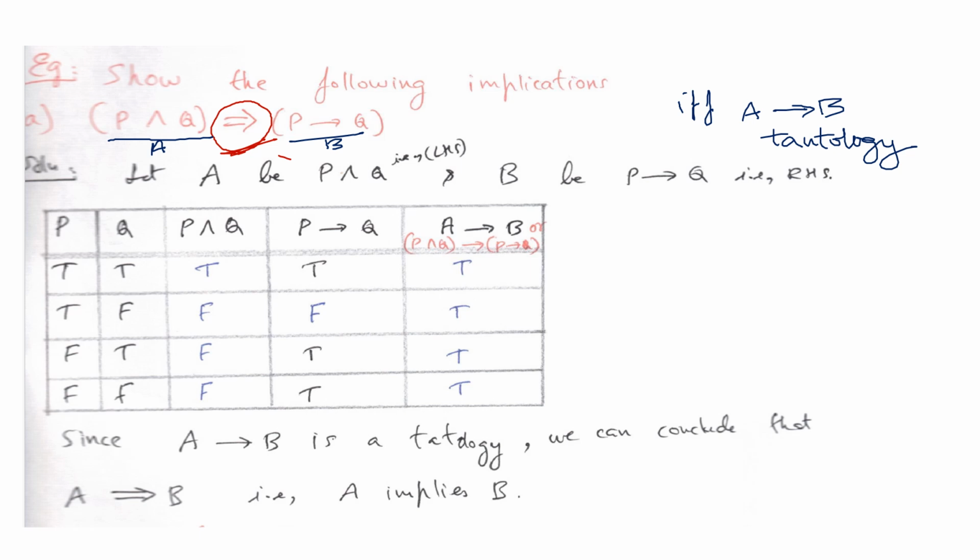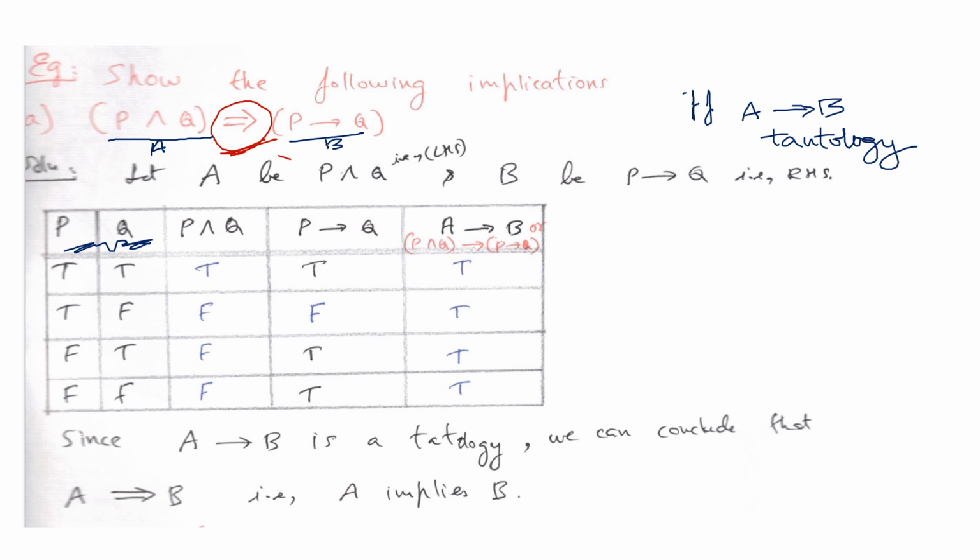Now what is there on the left hand side of the equation? You take it as A. What is there on the right hand side of the equation? You take it as B. Let's start with the same method. See, you know what are the P and Q terms. Again the same thing, true true, true false, false true, and false false.